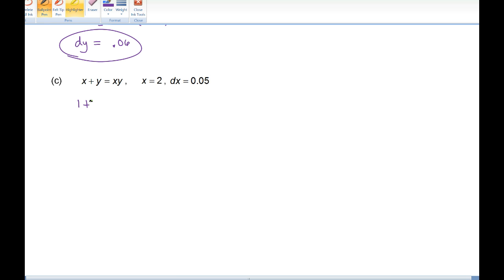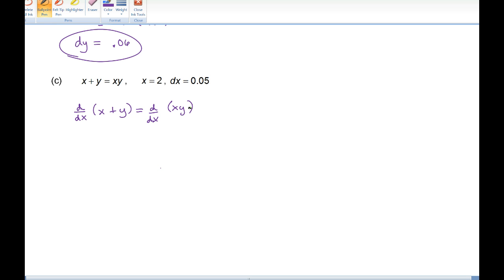Since we have y on both sides, there are actually two ways that we could solve this, but I think it's okay to use implicit differentiation just to review it. The other way is to isolate the y, which is easy, but then you still have to do the quotient rule or product and chain rule.